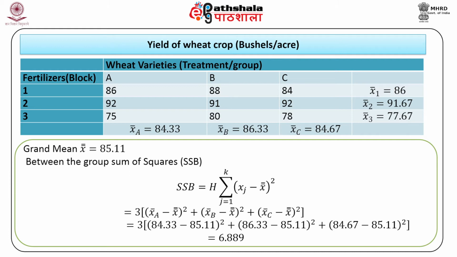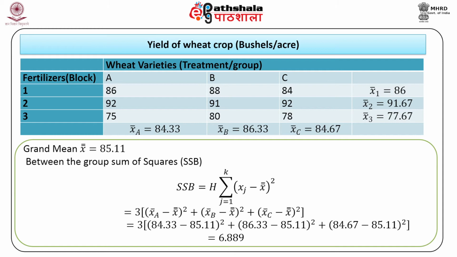The grand mean X double bar comes out to be 85.11, which is nothing but the mean of all the cell values, which are 9 in this example. Let's try to find the between the group sum of squares or SSB. SSB is equal to h into summation of xj bar minus x double bar whole square, where j varies from 1 to k.